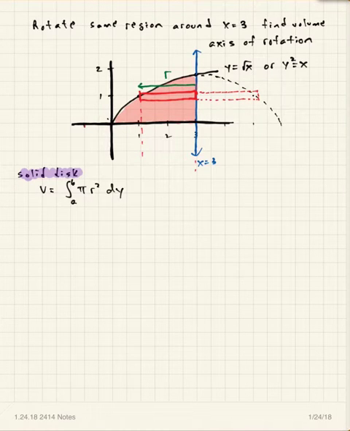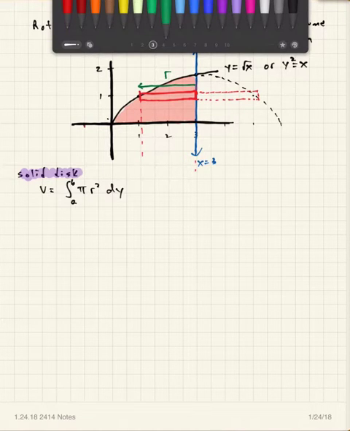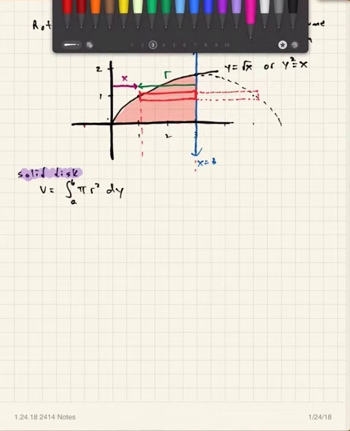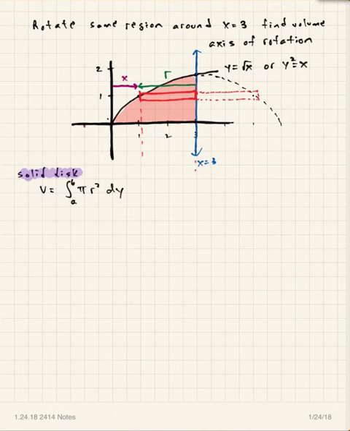All right, so now look carefully at the picture. I've got r as that green arrow, and then the pink arrow right here out to the rectangle. Well, that's from the y-axis, and so that would be x, that distance. So I have r and I have x right there. And then finally, the total distance right here, let me put that in a different color, is a constant because it's out to that vertical line.